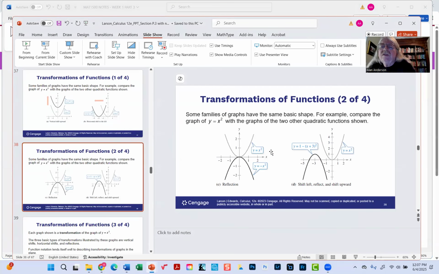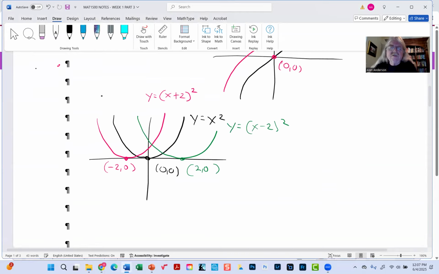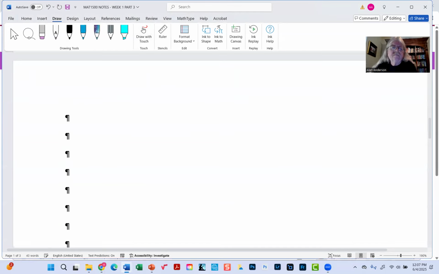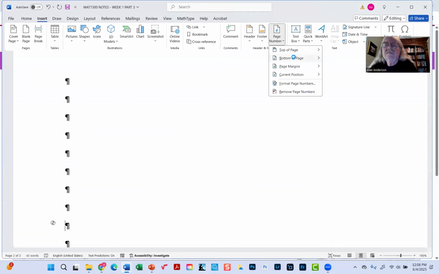Well, if you notice, again, they like to start with y equals x squared. It's a good example. And this time what they're going to do is change the sign. Oh, let me do one thing here.